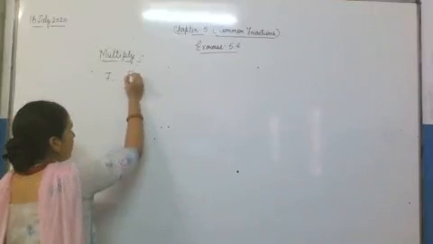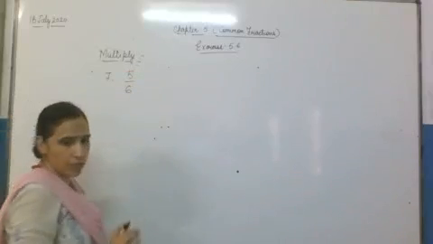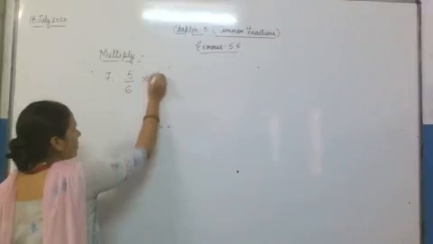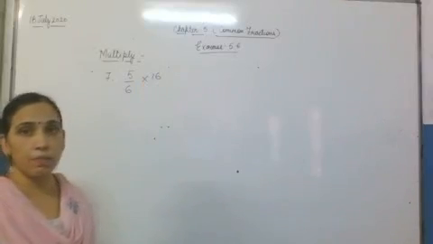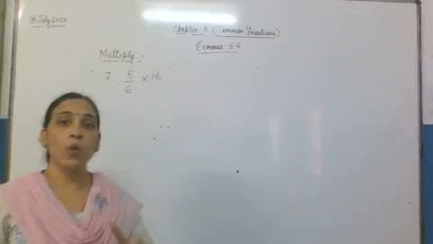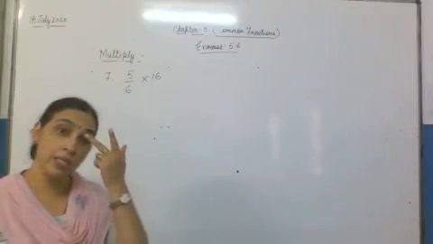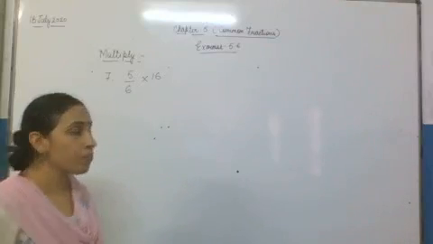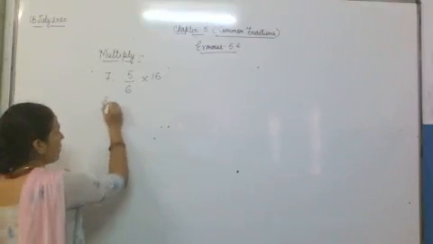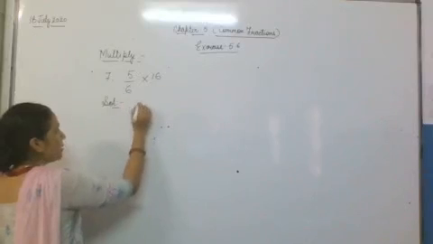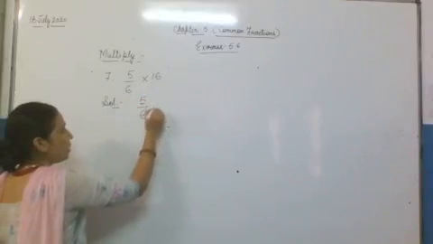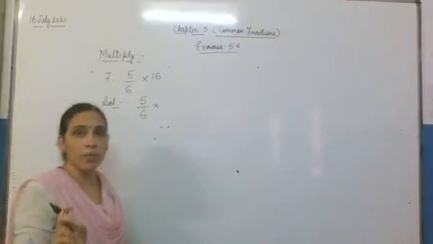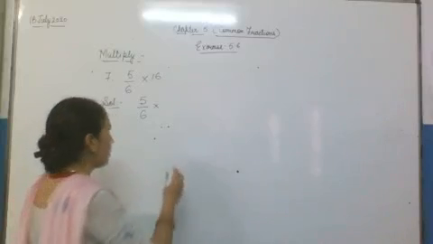Now question number 7 is 5 by 6, which is an example of a proper fraction, multiplied by 16. 5 by 6 multiplied by 16. Now what is the first step which we saw yesterday? In the whole number you don't have anything in the denominator, so in the denominator you will write 1.